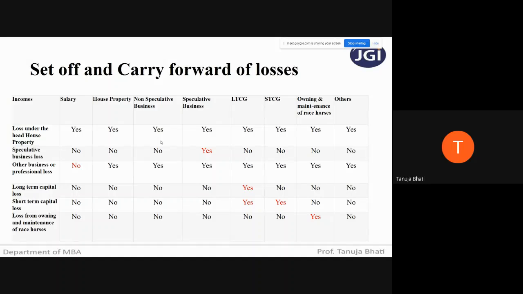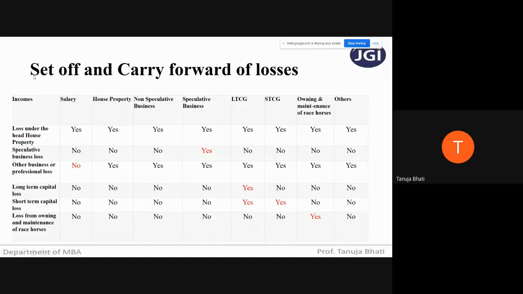Is this chart clear, students? Yes, ma'am. Okay.